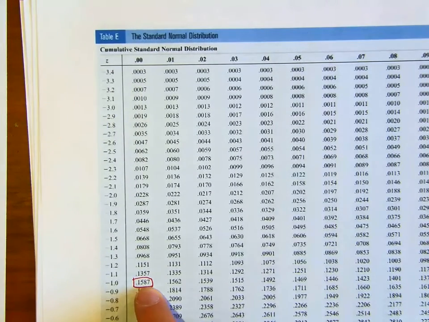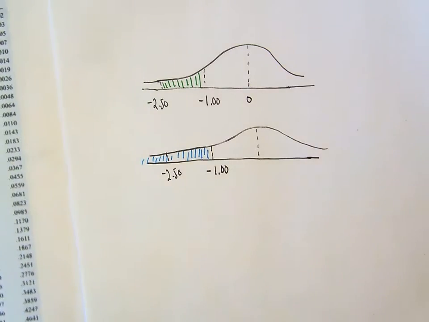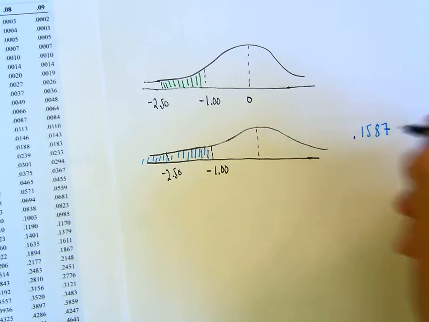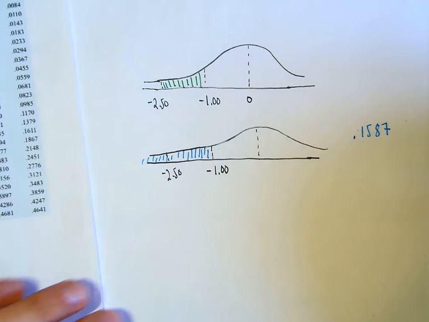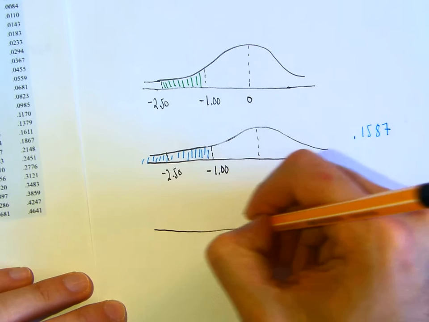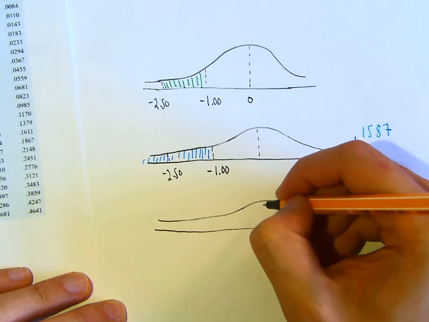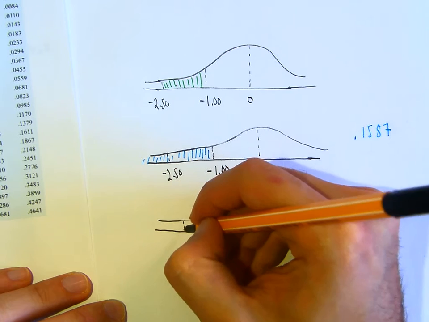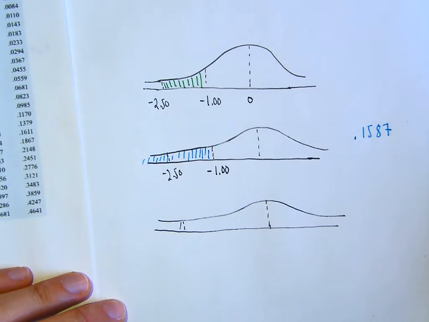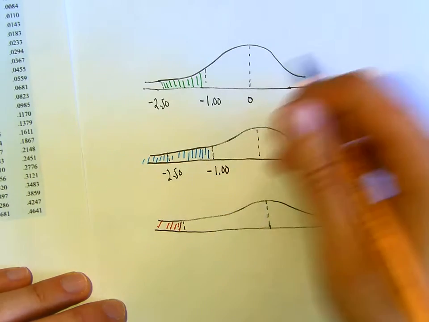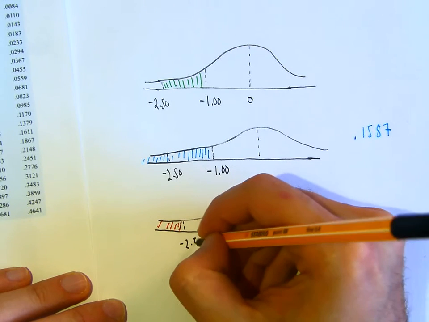So 0.1587. That is this in the blue. Now, let's try and find the area to the left, let's put this in red, to the left of -2.50.